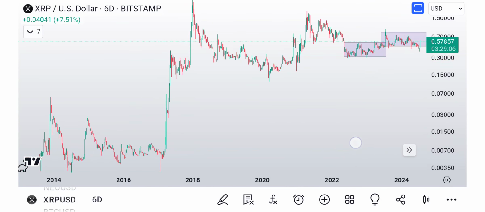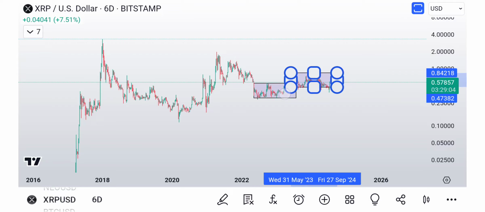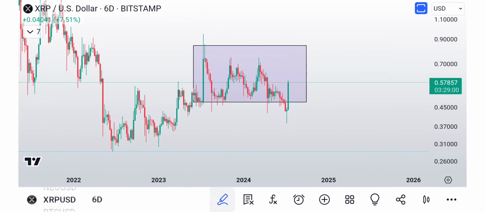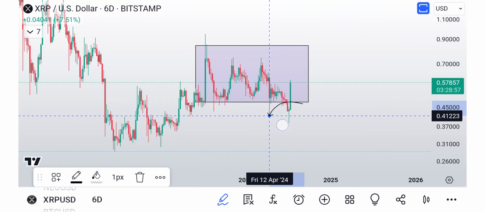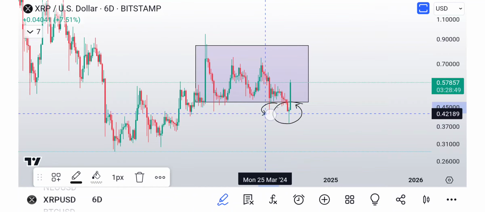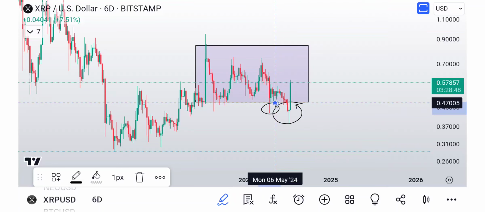Now, another thing as well, you can see, obviously, that right there. And that's really my main thing. That's what I've been talking about for a long time: are we going to get a liquidity grab? I thought it could be a possibility that we had it right there, but obviously it wasn't enough, right?